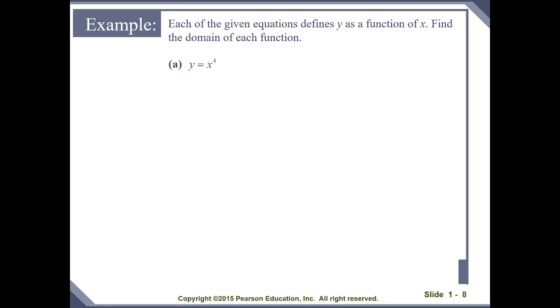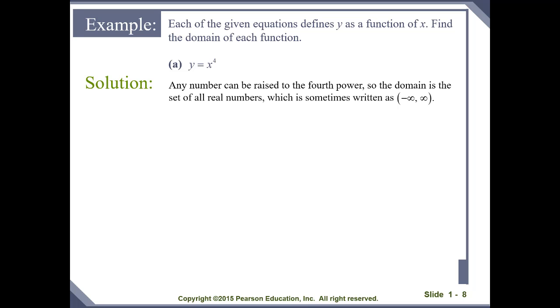So each of these equations defines y as a function of x. We want to find the domain of each function. Remember, the domain is our inputs. And so our domain here is everything that x could be. And what could x be? Well, x could be any number.